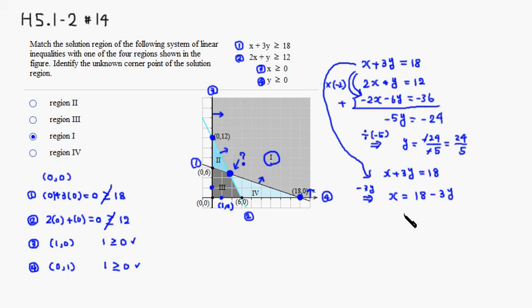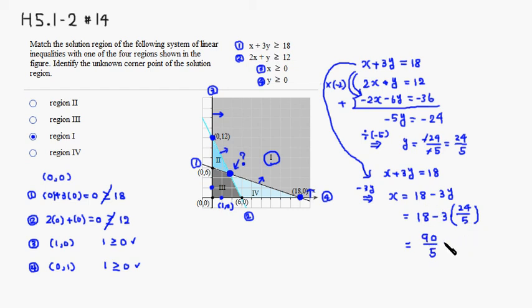We can plug in the y value we just found: 18 minus 3 times 24 over 5, maybe I'll put parentheses. We're going to have denominator 5, so I'm going to rewrite 18 over 5. 5 times 18 is 90, so it's 90 over 5.